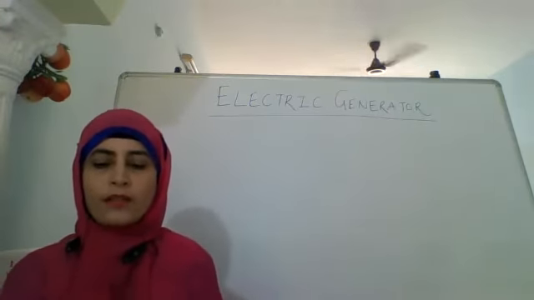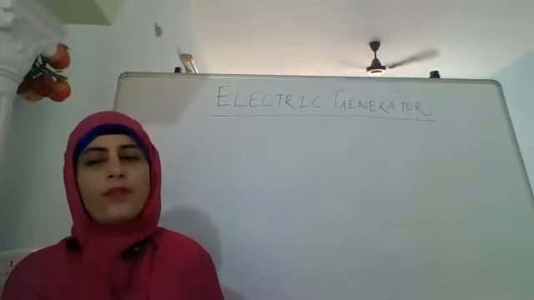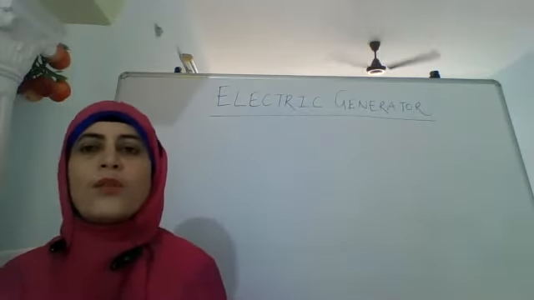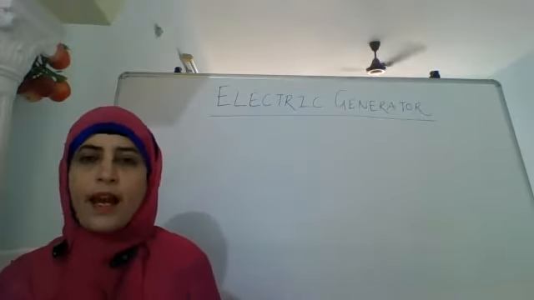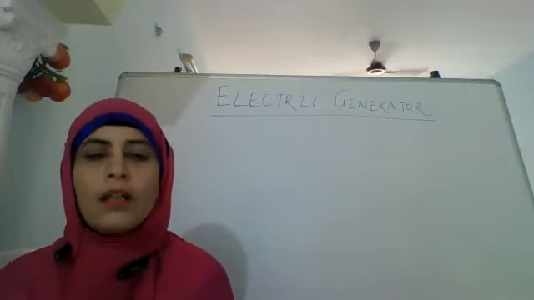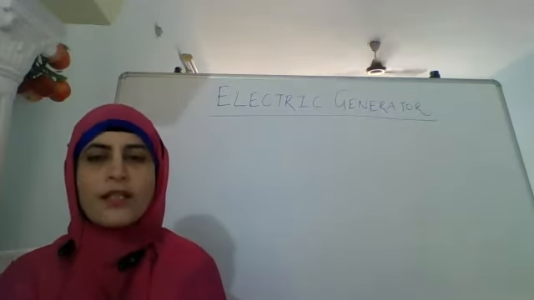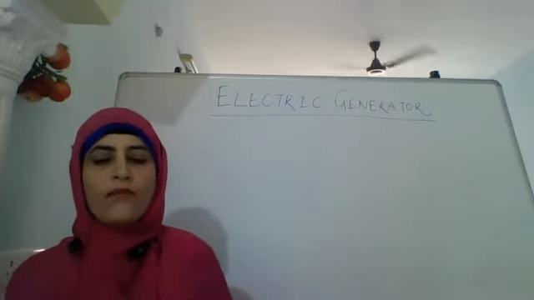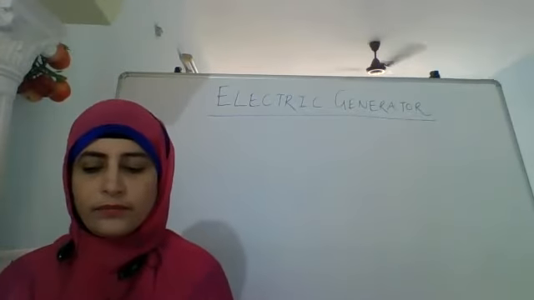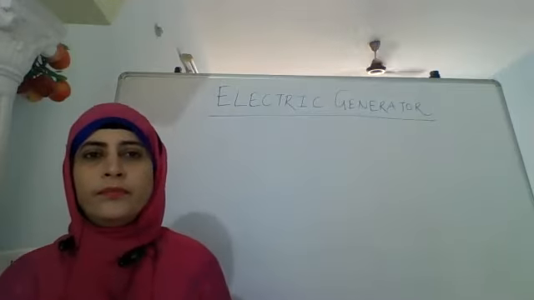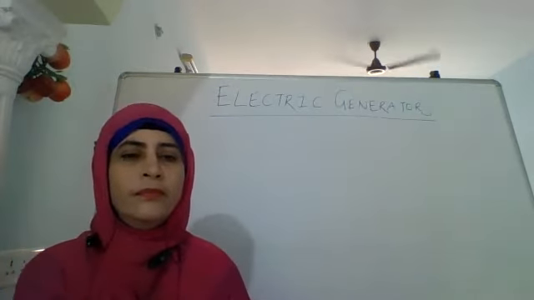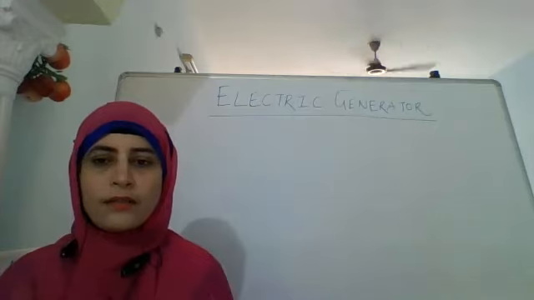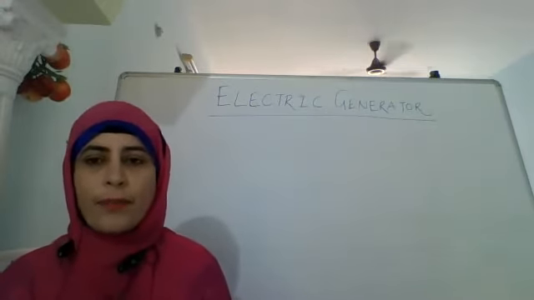Full stop. Next point. After half rotation, the two halves of the split ring, X and Y, come in contact with carbon brushes F and E respectively.